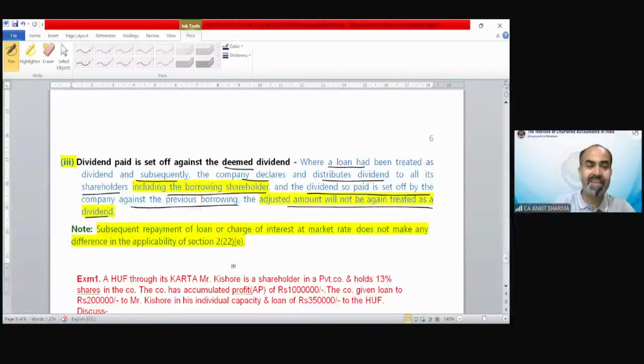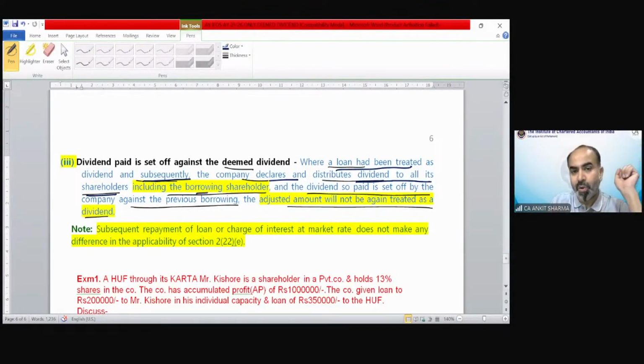Now third is dividend paid set off against the deemed dividend. Where a loan had been treated as dividend and subsequently the company declares and distributes dividend to all its shareholders, normal dividend declared. First of all, something has been treated as your deemed dividend, and after that the company declares some normal dividend, including to the borrowing shareholder, in whose hands that loan has become deemed dividend, and he also receives the dividend.